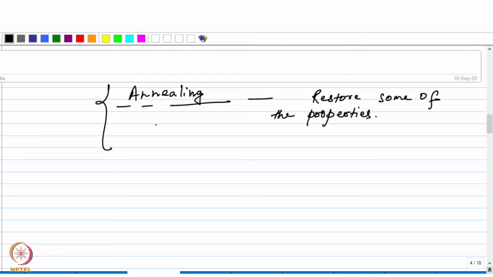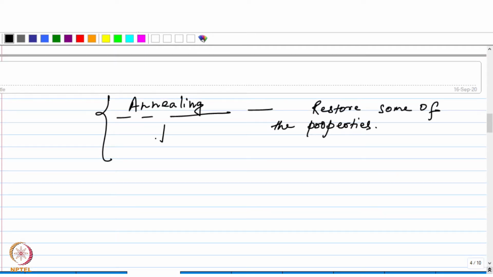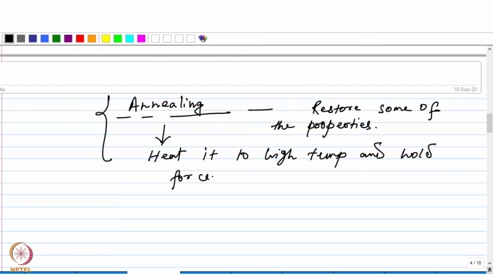Annealing is nothing but a heat treatment process wherein you heat the material to a certain elevated temperature and hold it for a certain period of time. And this will be followed by slow cooling.